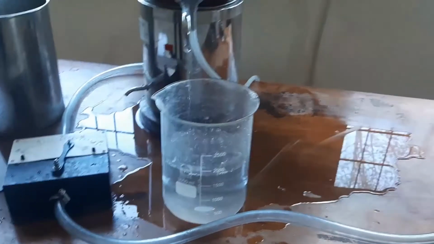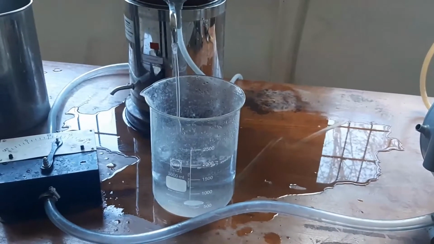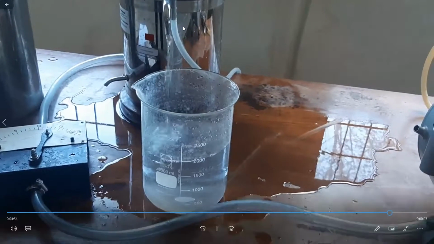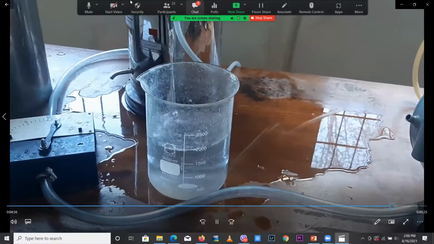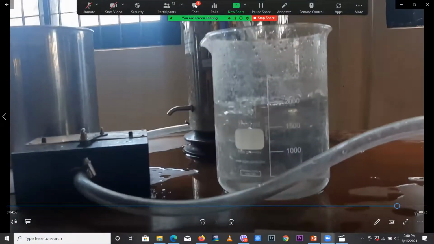It is approximately, yeah, exactly 2 liters. When we are collecting 1 liter of water, 2 liters of LPG gas is burning. Now we will see, right?